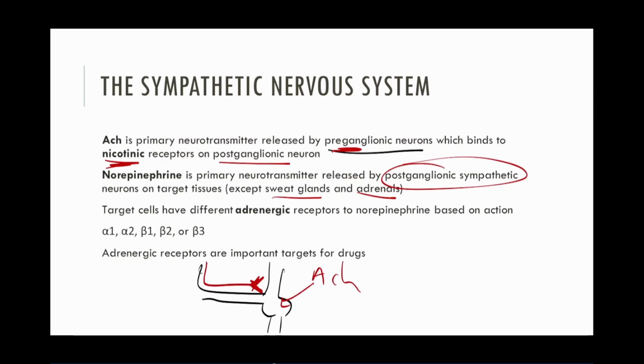The target cell, where it's going to go next, is an adrenergic receptor to norepinephrine, and these are your alphas and your betas. So remember, if you ever see an alpha receptor or a beta receptor, it's always going to be sympathetic system. Alphas and betas are always sympathetic.